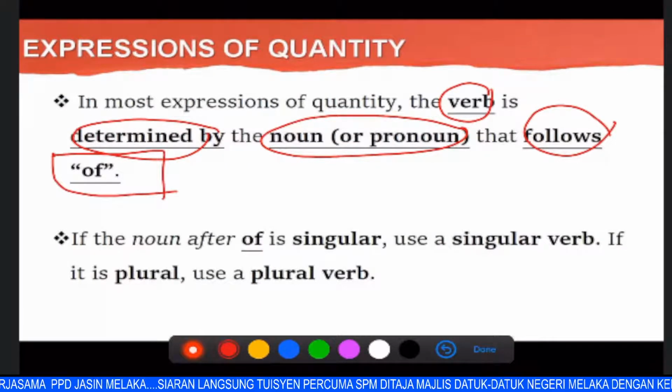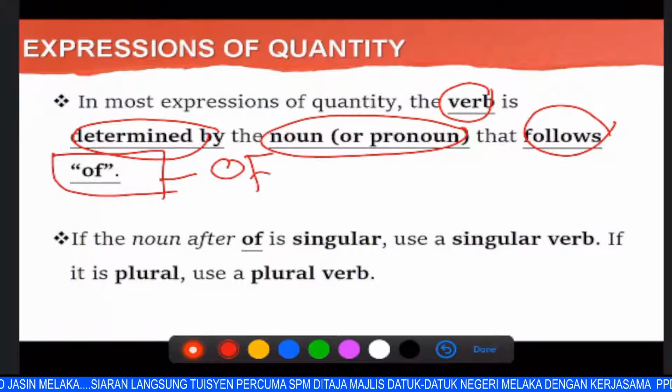You might be wondering, why of? What does it mean by of? Don't worry, don't panic yet. Let's look at explanation number 2.